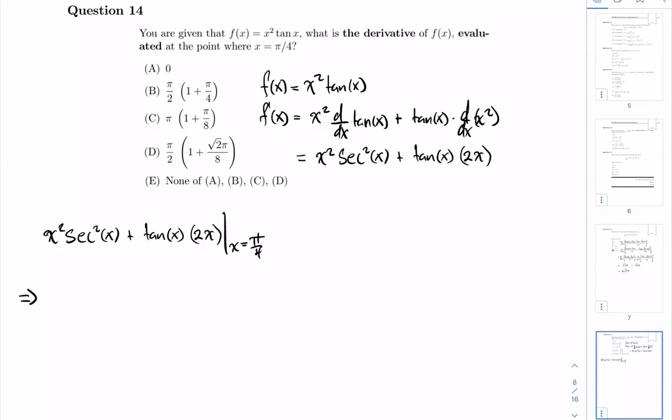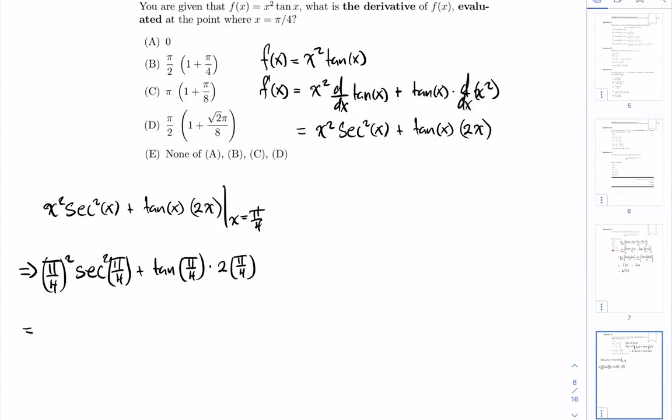This means we have pi over 4 squared times the secant squared function, plus tan of pi over 4 times 2 times pi over 4.